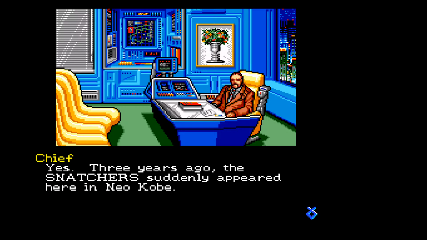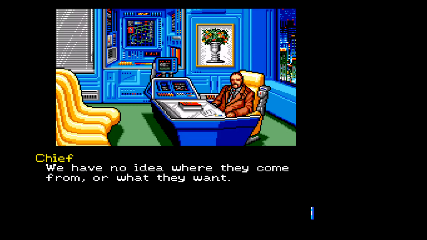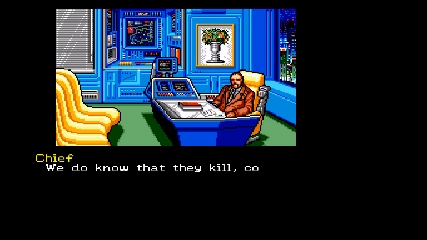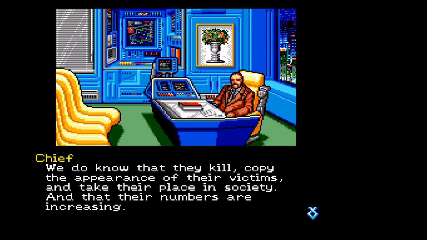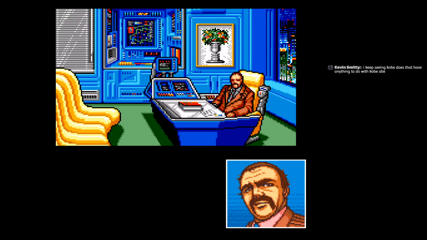Yes, 3 years ago, the Snatchers suddenly appeared here in Neo Kobe. We have no idea where they come from or what they want. We do know that they kill, copy the appearance of their victims, and take their place in society, and that their numbers are increasing. That should be enough to make your duties as a Junker quite clear. This is your Junker ID card. It will identify you as a Junker.